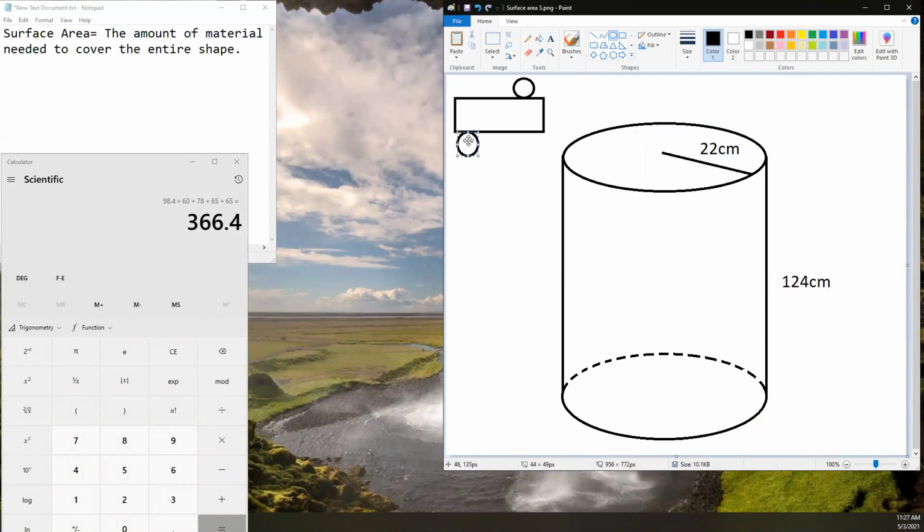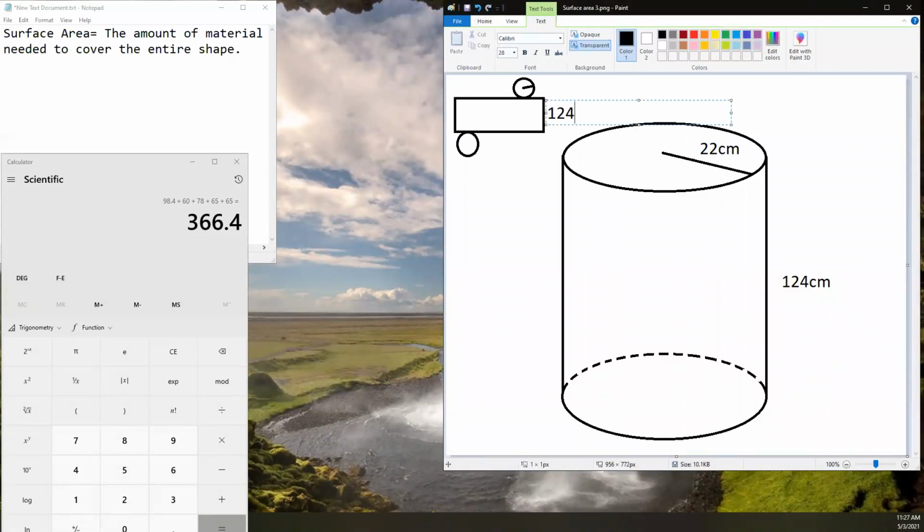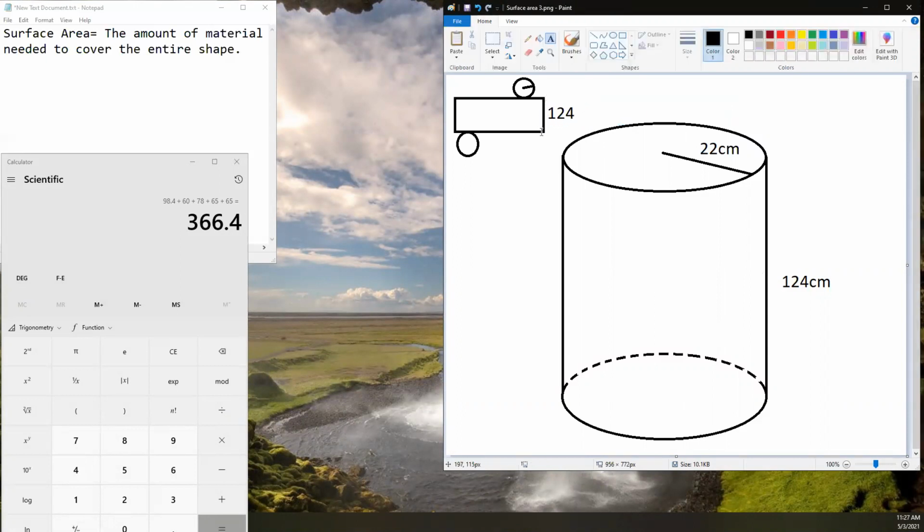So what do we know? Well, we know that the radius is 22. We also know that this side is 124 because that's the height of our prism. That's the height of our rectangle. And we've got to know this distance in order to find the rectangle.